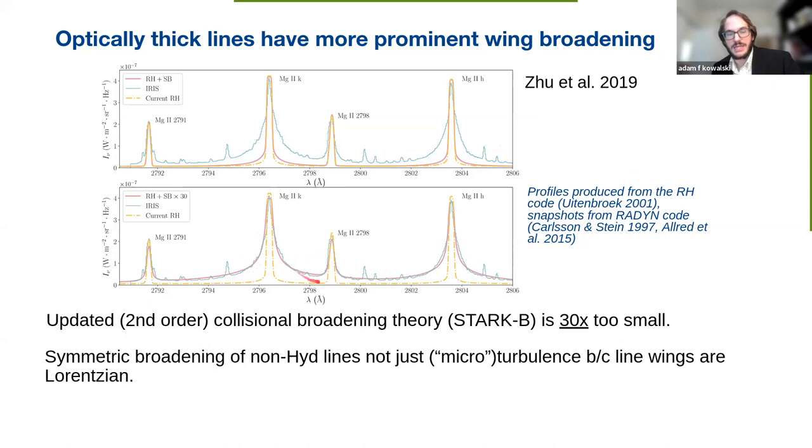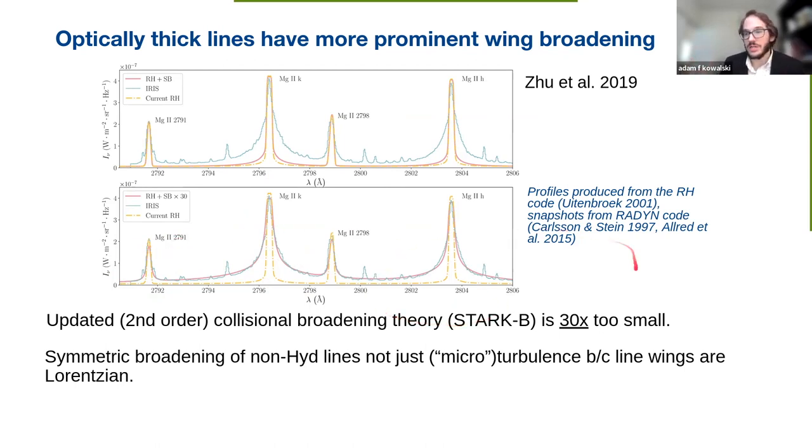We can see that the ad hoc increase in the damping leads to these really impressive Lorentzian wings that are much better in agreement with the overall properties of the broadening. Additionally, the more minor magnesium 2 lines here are also consistent. So we have more optically thin and very optically thick lines being now pretty well reproduced, but we still have no idea what would cause such a discrepancy in this broadening.